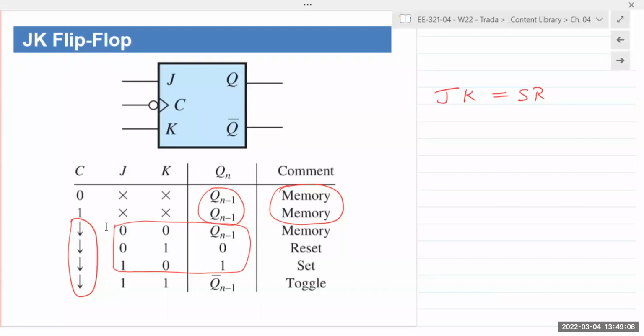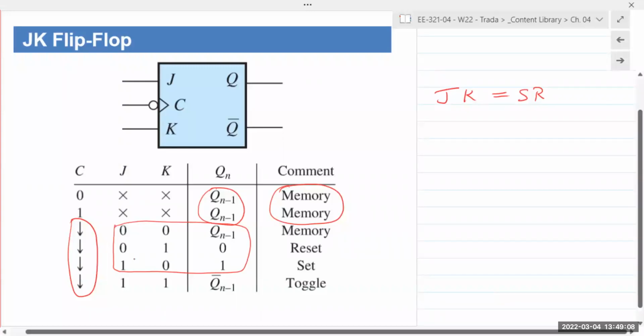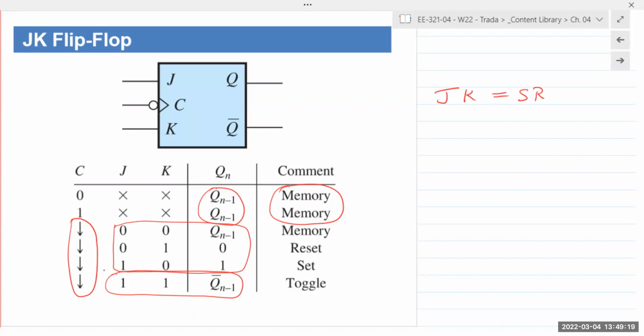In a JK flip-flop, we remove this uncertainty and design it in such a way that when both inputs are 1, the output goes to the NOT of the previous state. So Q n minus 1 NOT, meaning the output is now toggling.